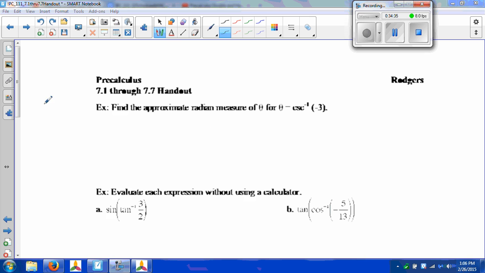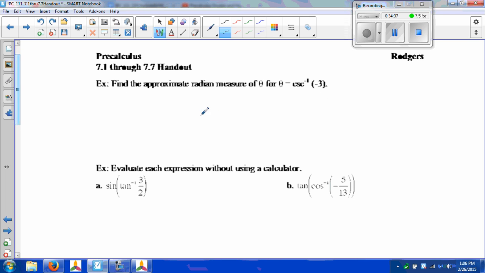Okay, so next it says to find the approximate radian measure of theta for theta equals the cosecant inverse of negative 3. Alright, well it says radians this time, yay. So I'm going to go ahead and check my mode and change it to radians, and then quit. It also says to find the approximate, so I know I'm going to be using my calculator. My calculator does not have cosecant, so try it out, see what you think.